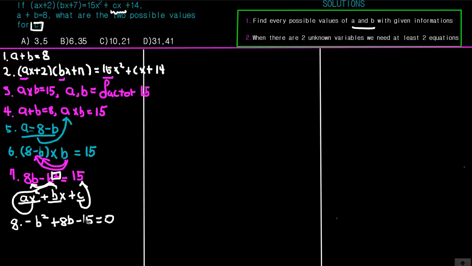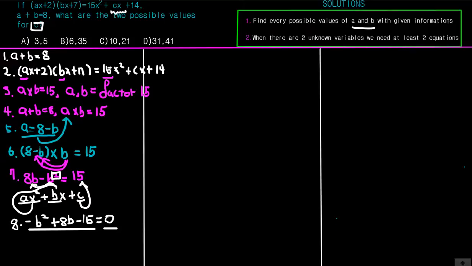In step 9, we could have just factored this out, but if you look at the coefficient of the leading term, it is -1, which would make the calculation complicated. All you have to do to remove this negative is divide both sides by -1.